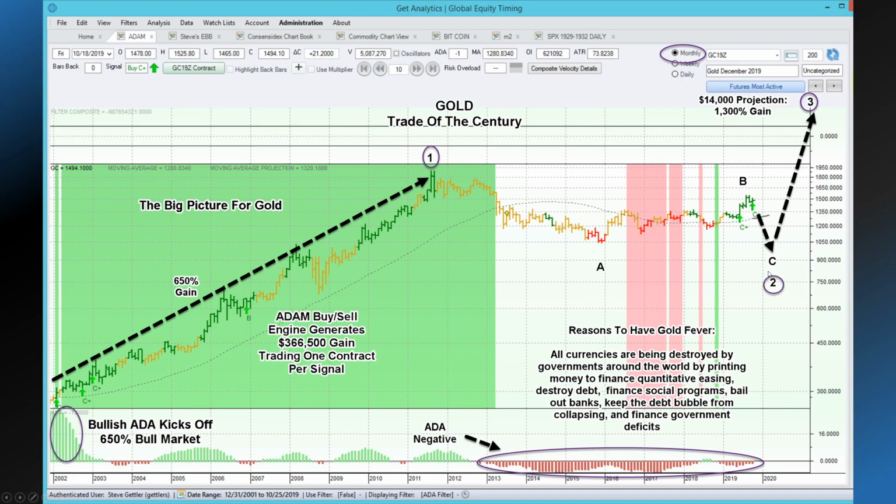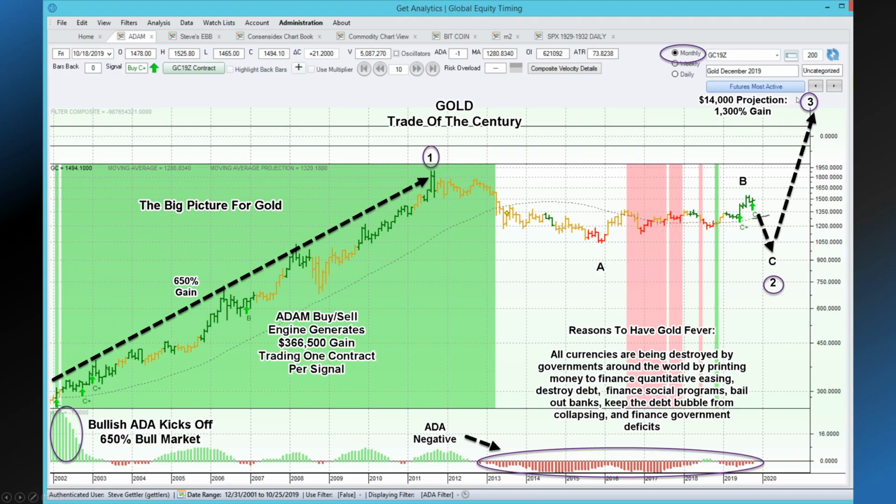And 2 is an Elliott wave formation, which suggests that once this down wave is complete, the big wave up in Elliott wave terms will be a wave 3. I'm saying that it'll be a 1,300% gain from the low of wave 2, basically double the gain that occurred in wave 1.